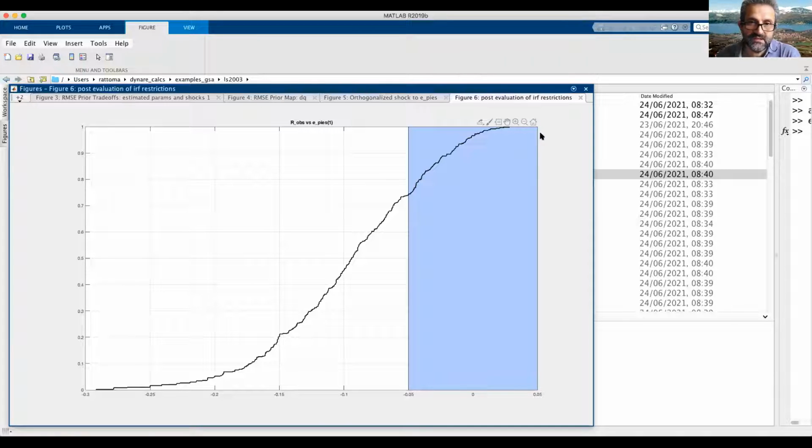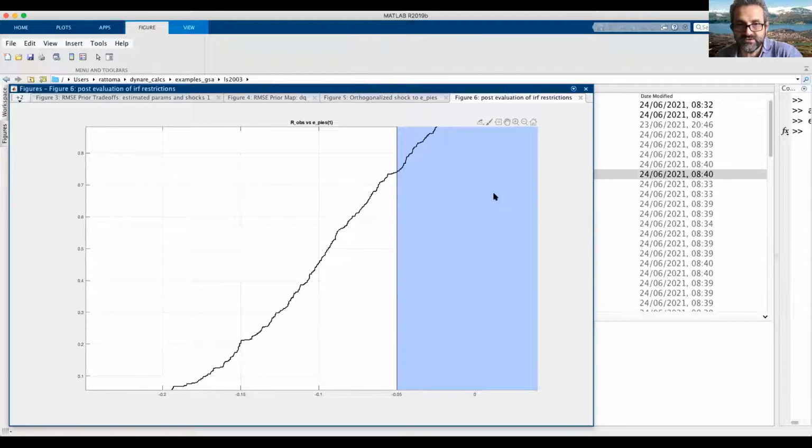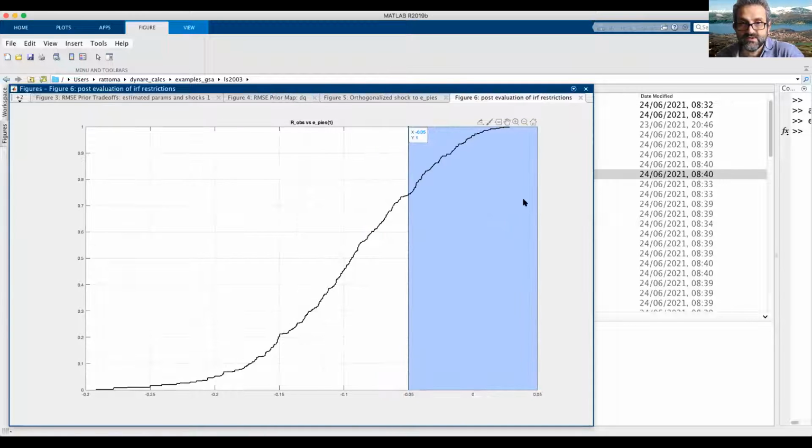This is the cumulative distribution, in the posterior, of this impact response of the interest rate versus the rest of the world inflation shock. And this is the blue. The blue is the area for which I want to filter. So this is my filtering criterion. This is also a check that you have implemented your filtering criterion correctly.